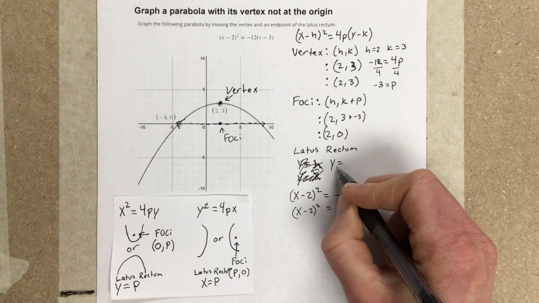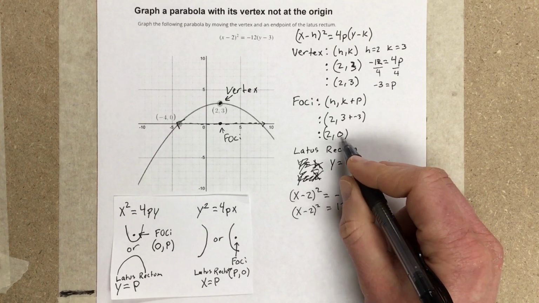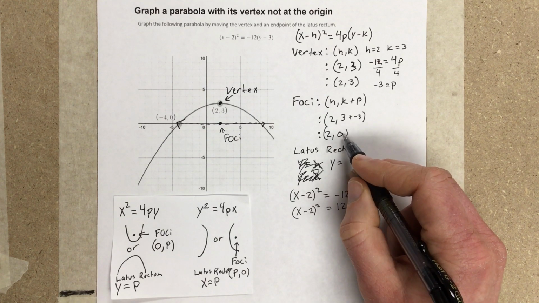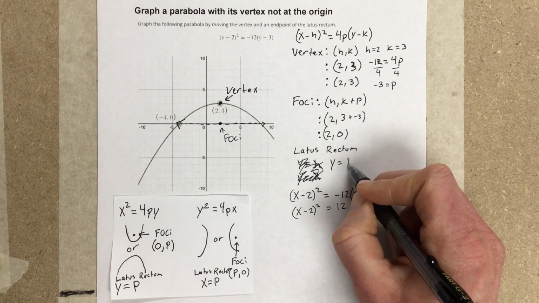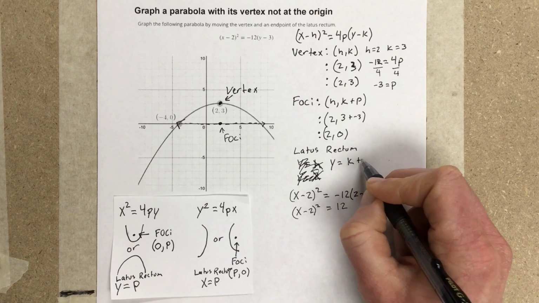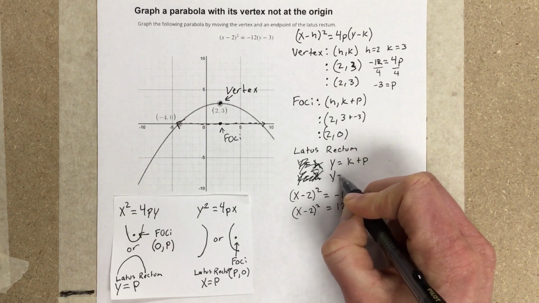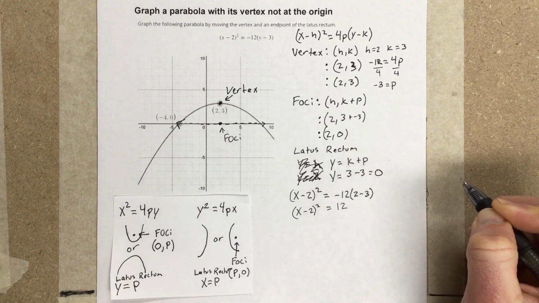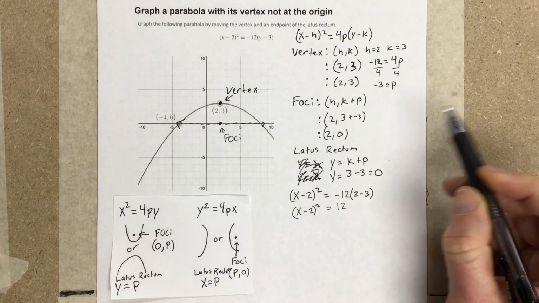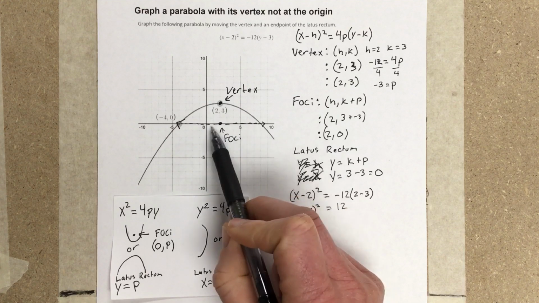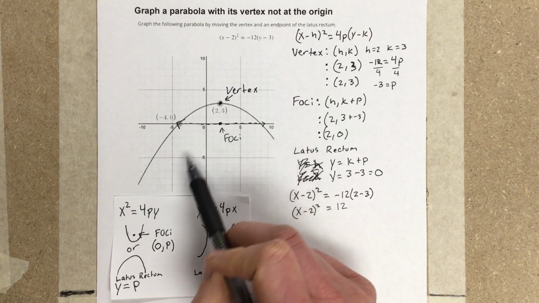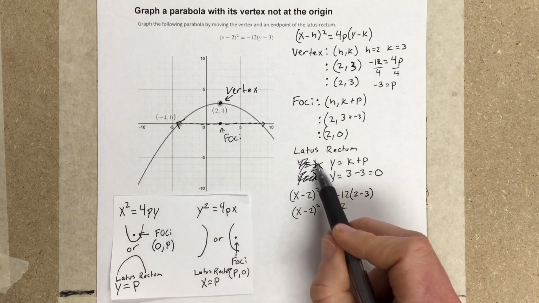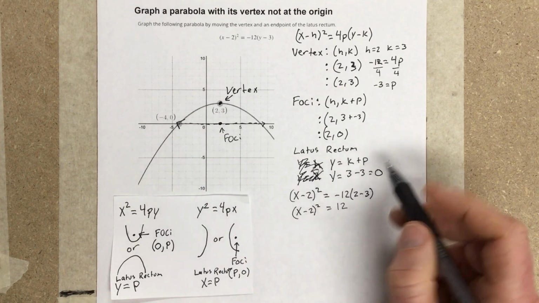So we can say that the y value is going to equal the k value plus p, which would equal 3 minus 3, which is 0. So I drew the latus rectum in the right spot. That's at y equals 0, but it should have been y equals 2 based on my incorrect information. So this is correct now.